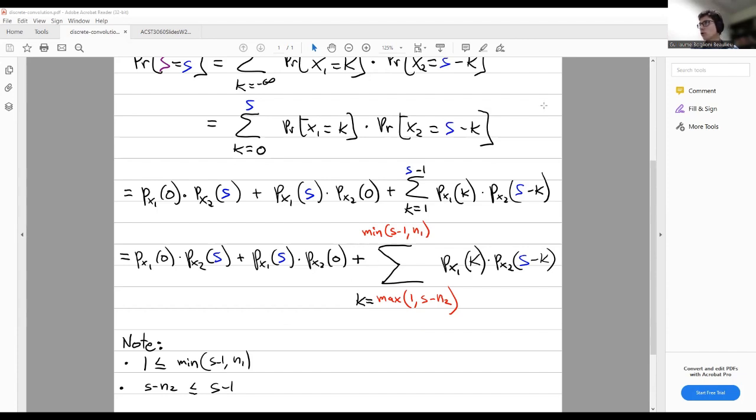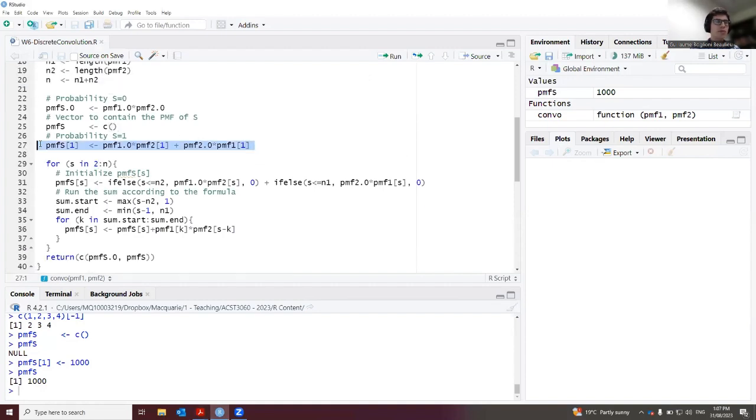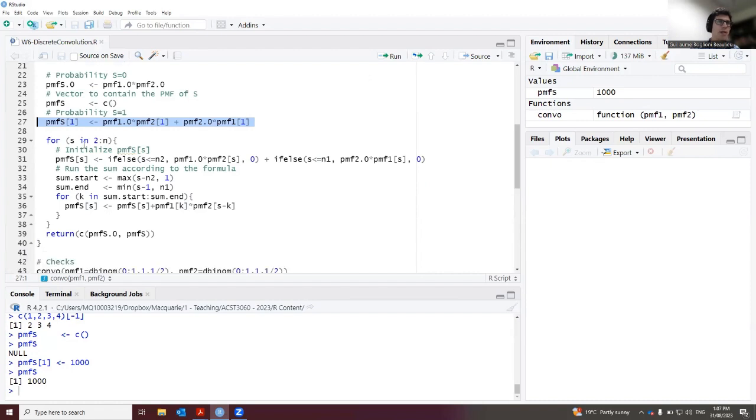So let's go back to the code. We were up at this step. We find PMF S. Now again, the loop is going to run for all the values from 2 to n.